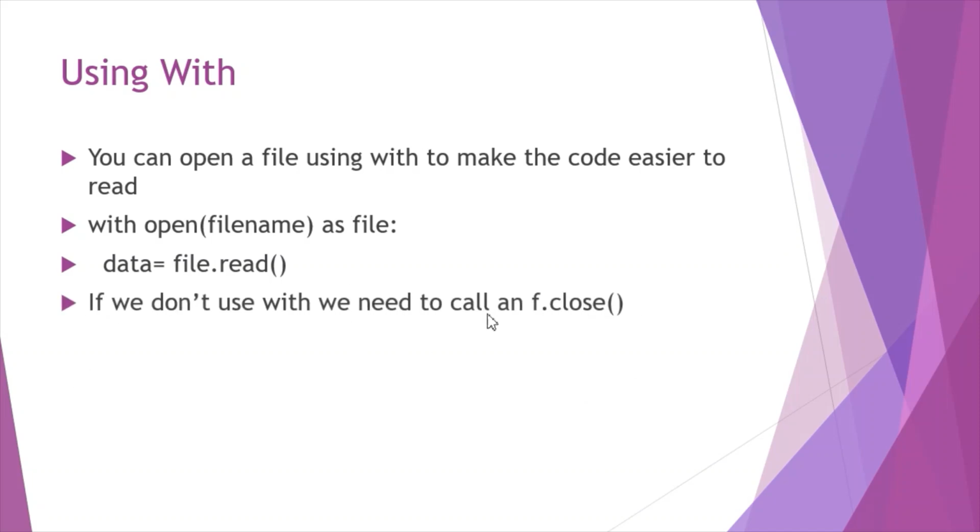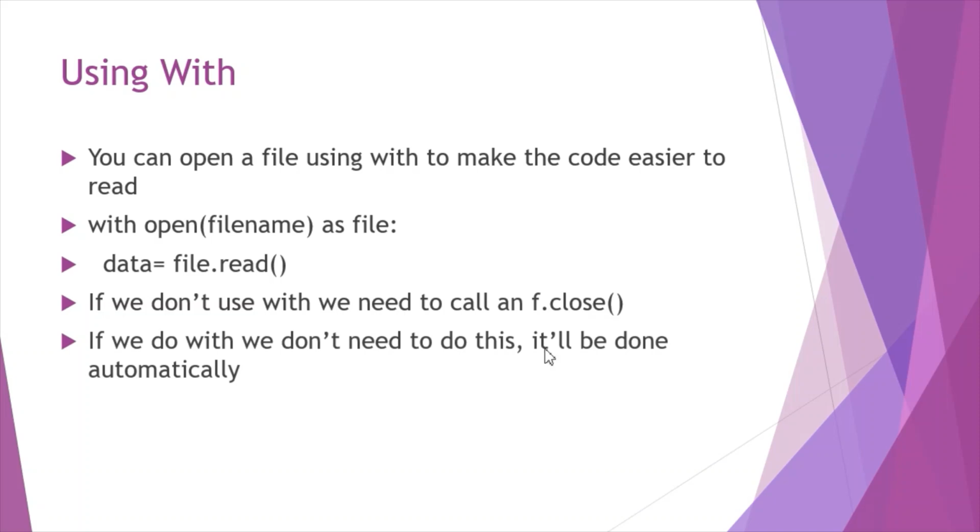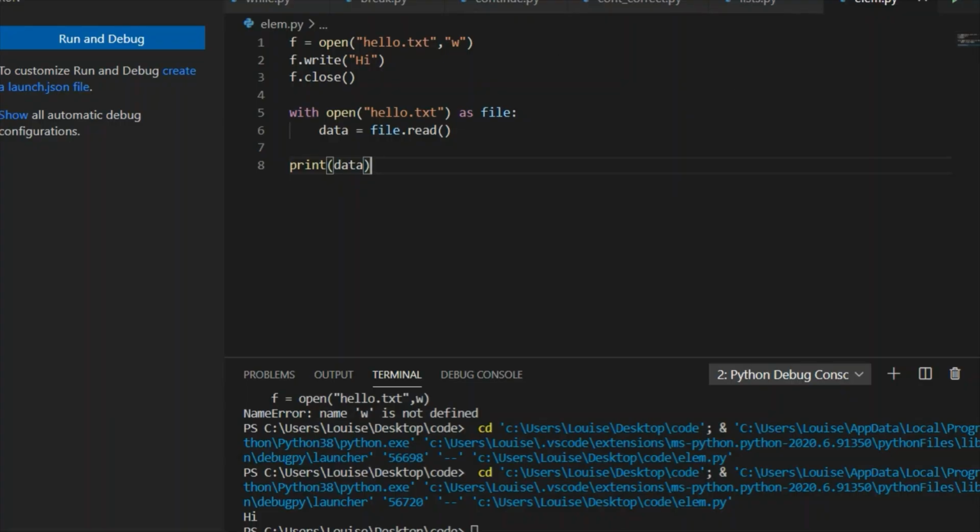We don't need to call an f.close. If we do it with this, we don't need to do this. Sorry, that's a tongue twister. It'll be done automatically. Okay, so let me just very briefly go through an example with you guys.